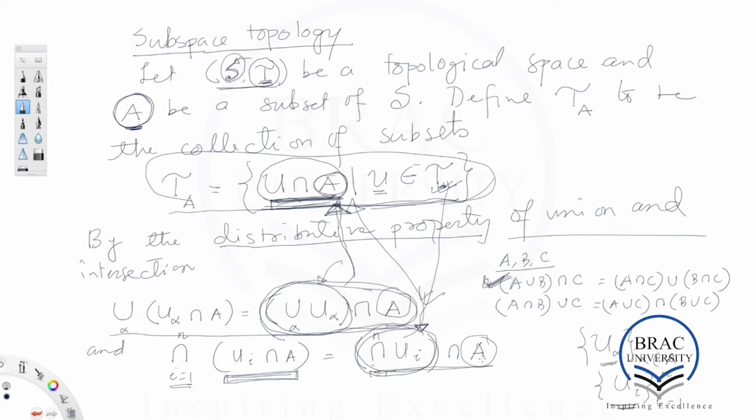An open set intersected with A also belongs to this family, which means that this collection is also closed under the intersection of a finite collection of elements.